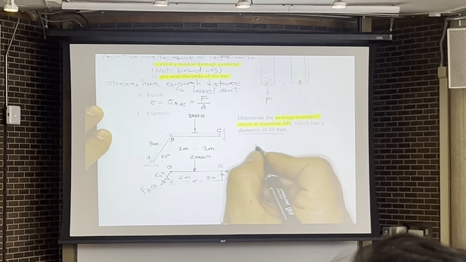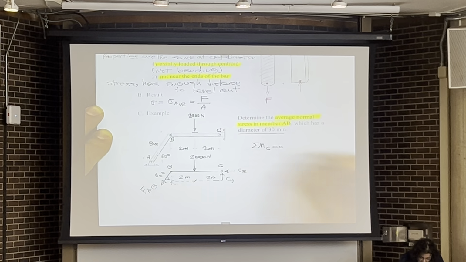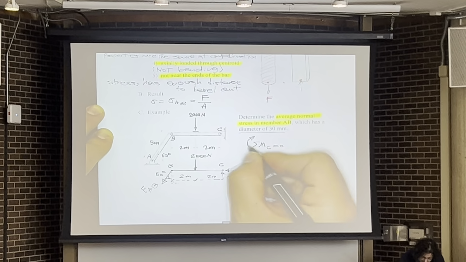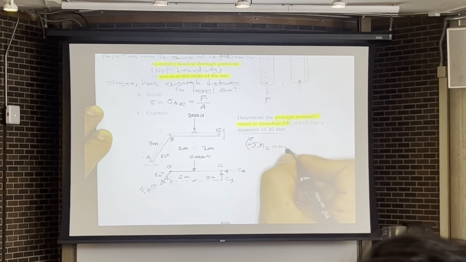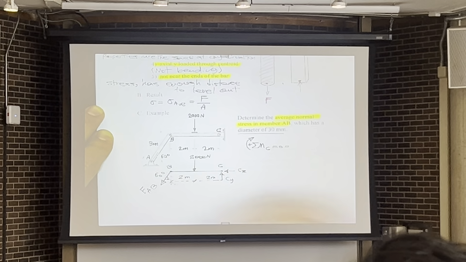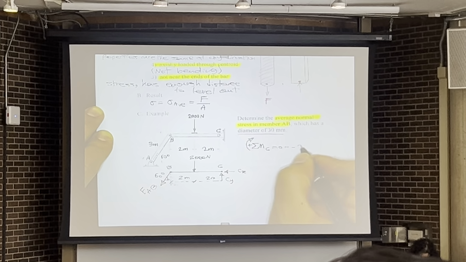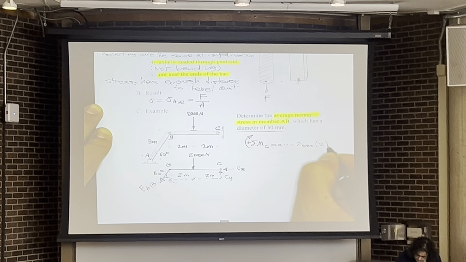So I'm gonna say sigma M about point C is equal to 0. I'm gonna assume that the positive direction is clockwise for this equilibrium equation. So it means that 2,000 Newton is gonna have a negative moment, so it's gonna be negative 2,000 multiplied by the moment arm of 2.